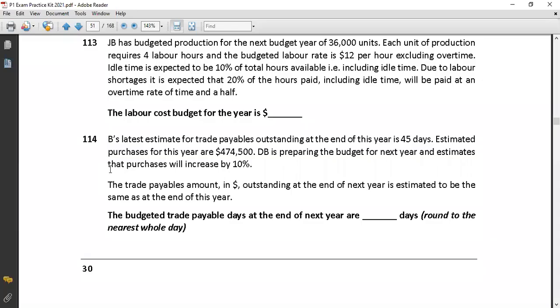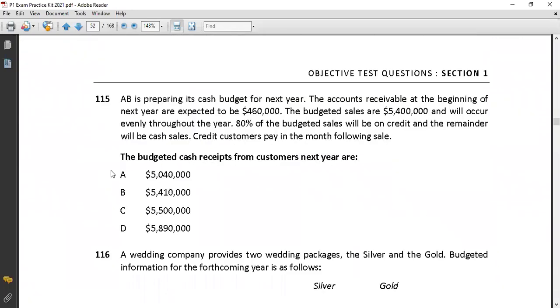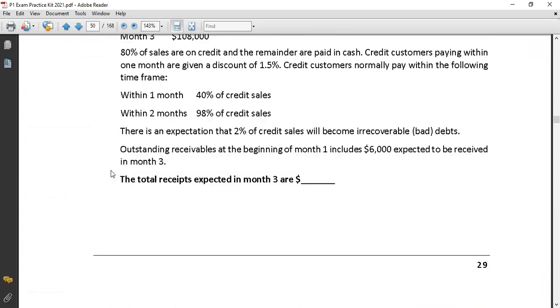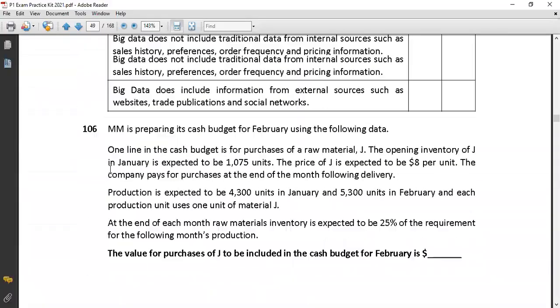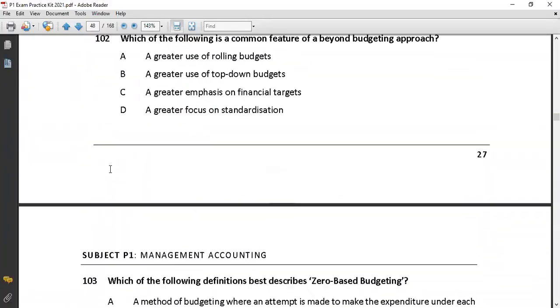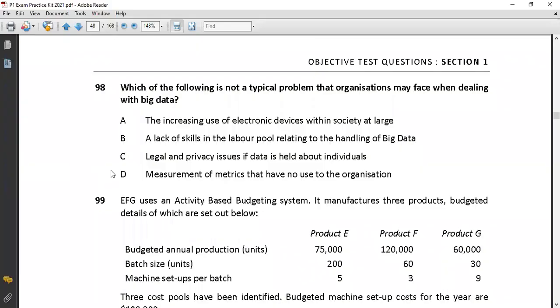I think after this we have the cash budgets mentioned, so right from the beginning, let's start with what is a cash budget and learn about the cash budget.